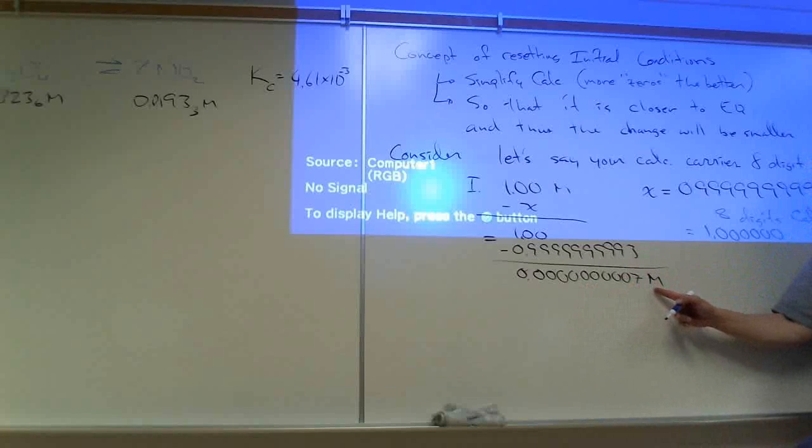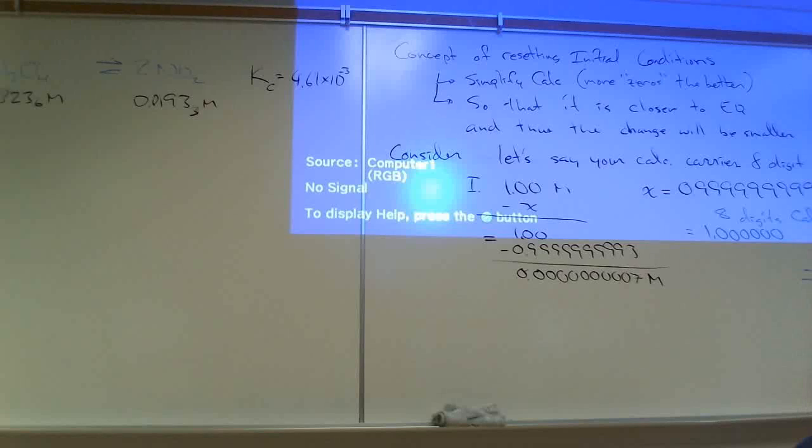Is 0 molar and 0.907 molar the same thing? Now this is a huge quantity compared to nothing. And so how much reaction occurred? Well, 100%, but really it's 99 point whatever.